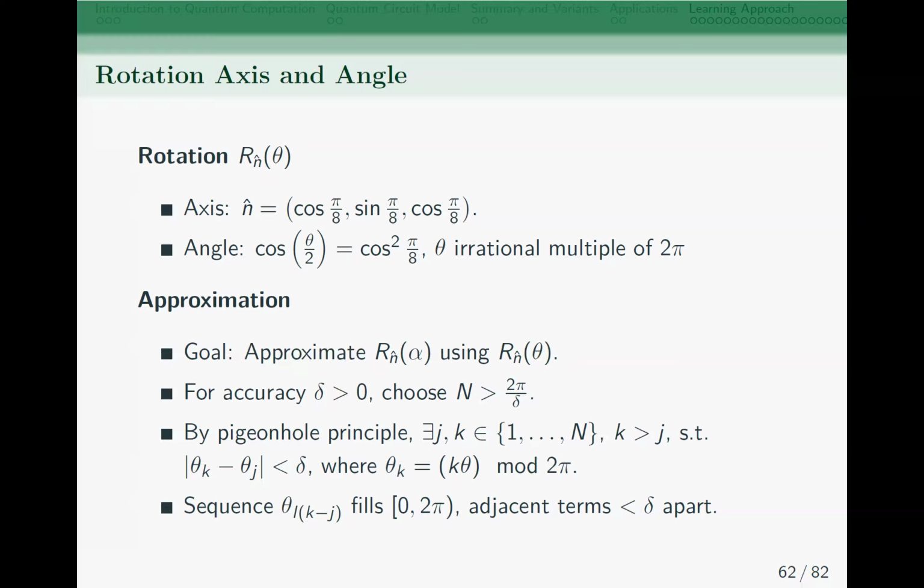And once the number of multiples is larger than the number of intervals, then by the pigeonhole principle there exist two different multiples inside the same interval. I skip the details, but you can go back to the textbook. So by the pigeonhole principle, there exist two multiples such that their difference is small, where each is a multiple of the original weird angle. So this proves the result.